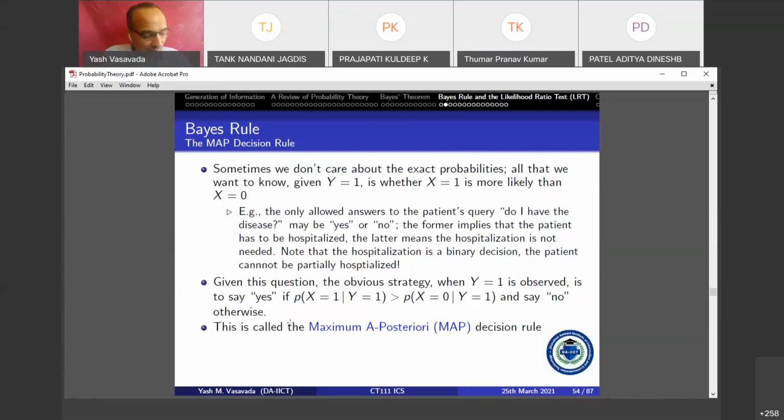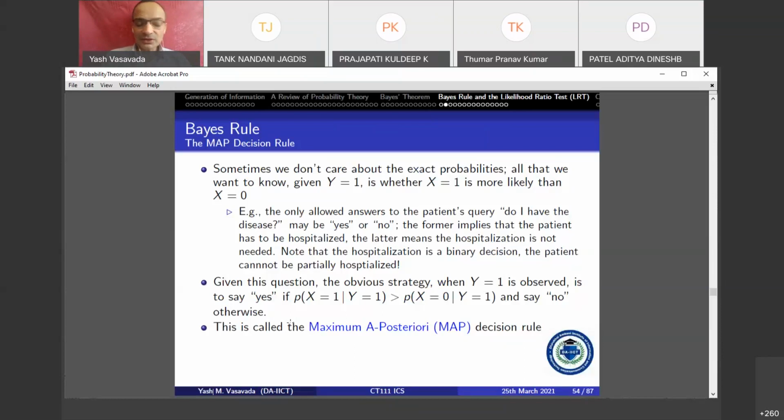Now, I hope that this is clear to you, because this actually allows you to understand a very, very important mathematics, or actually even an important algorithm of machine learning. This is called the maximum a posteriori decision rule.